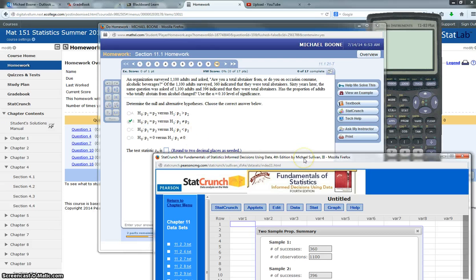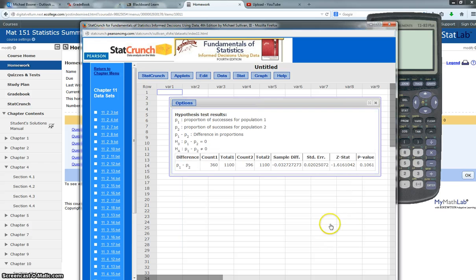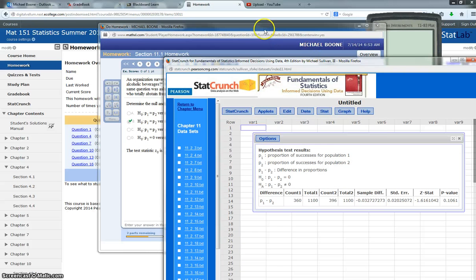So saying that the proportions are equal is the same thing as saying that their difference is equal to 0. So we punch our information in, hit compute, and here is our test statistic, negative 1.62 to 2 decimal places.